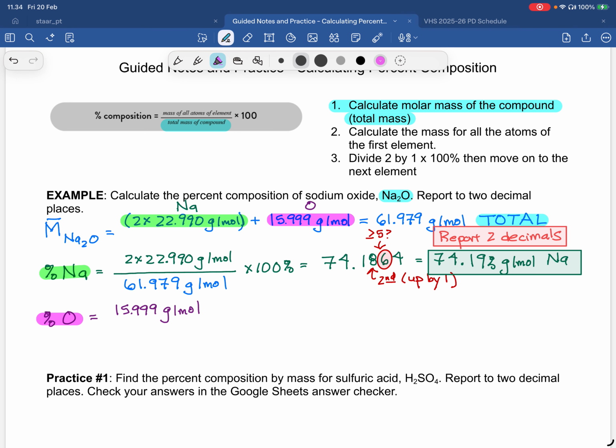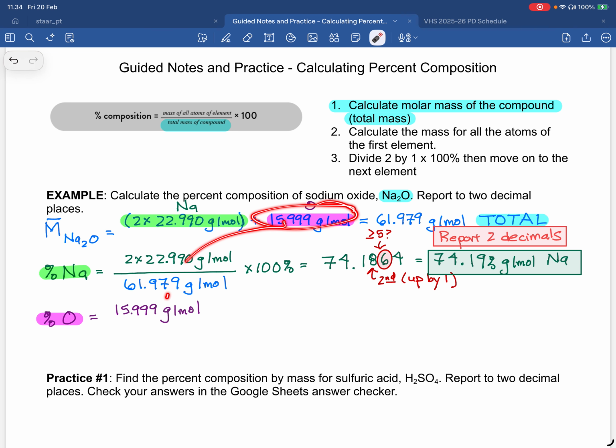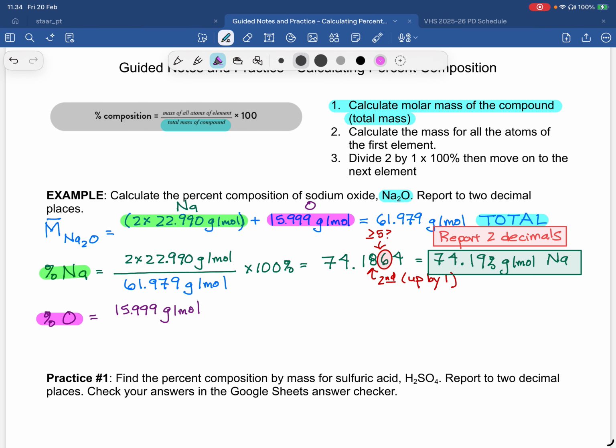Which I got from here, divided by the total, which is still 61.979 grams per mole. Nothing changed. Multiply by 100%.